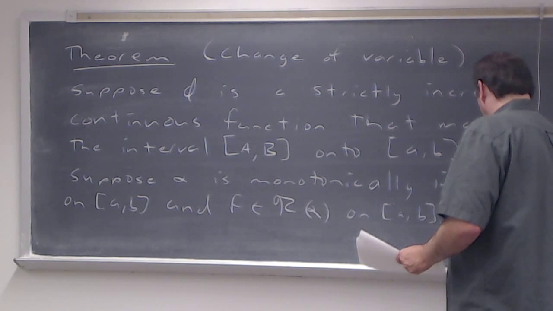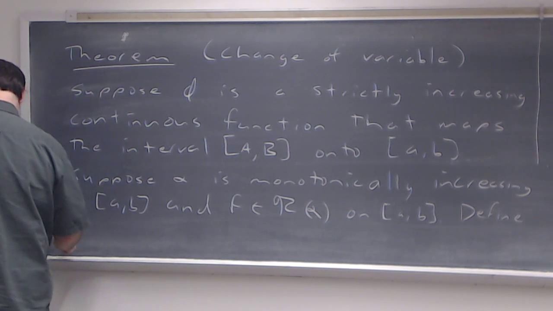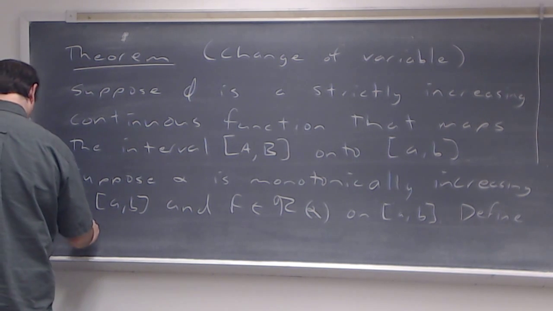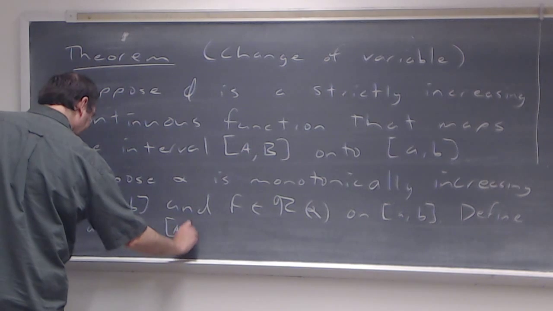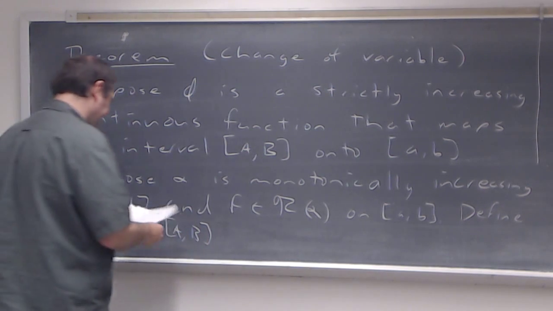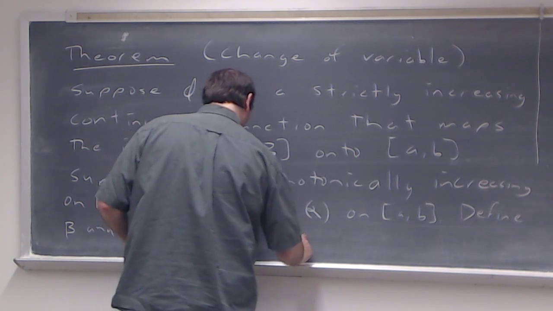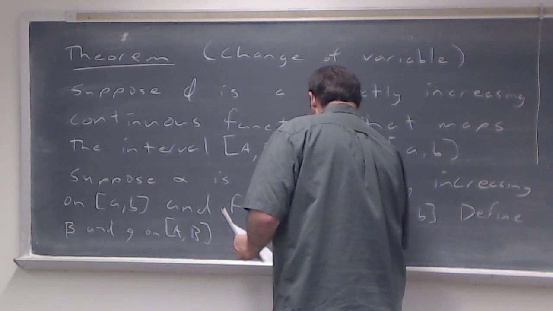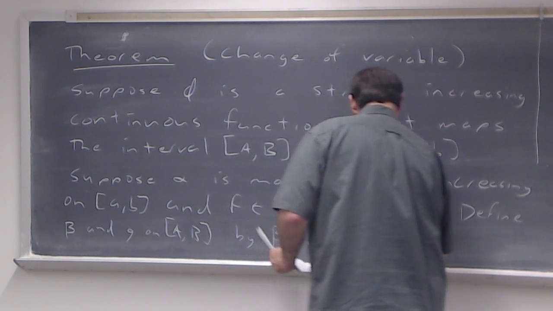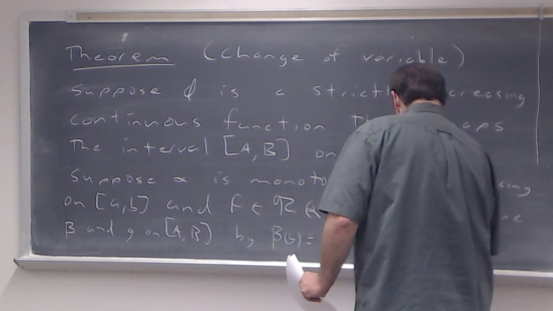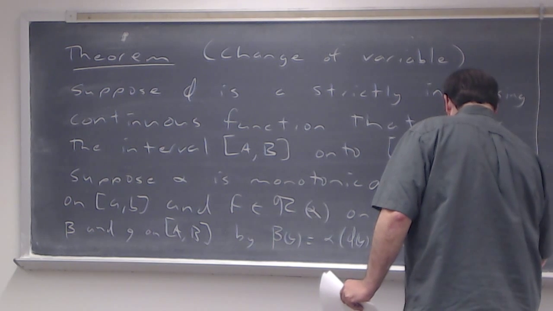Then what we're going to do is we're going to define two functions, beta, I should say, and g on the interval from big A to big B by beta of y is equal to alpha composed with phi of y, and g of y is equal to f evaluated at phi of y.